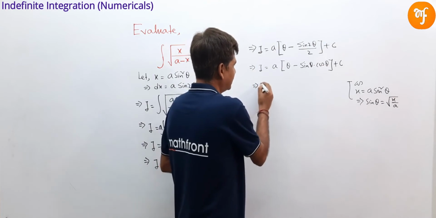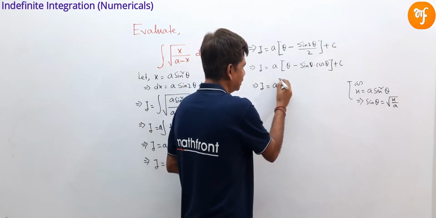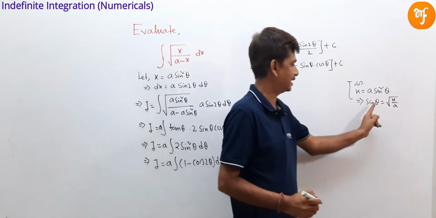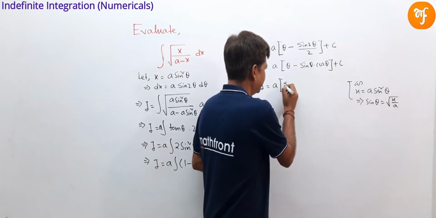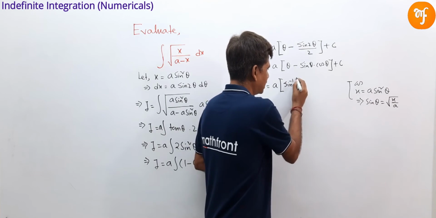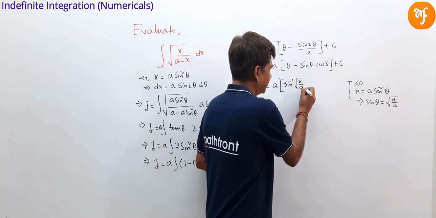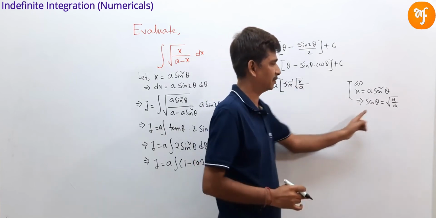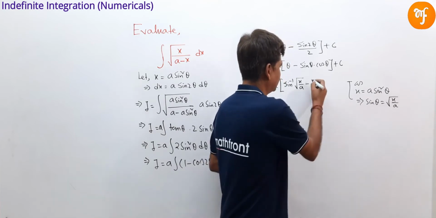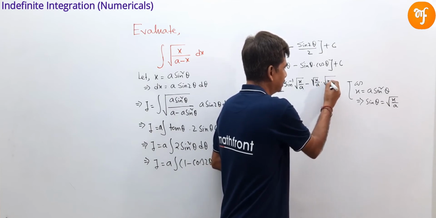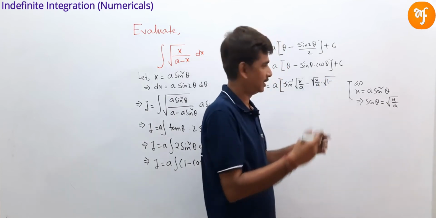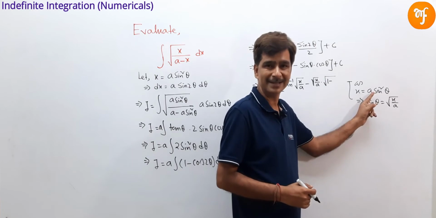So I can be written as a into theta, which will be sin inverse of square root of x by a. So we are writing sin inverse of square root of x by a minus sin theta, which is nothing but square root of x by a. So just we are writing square root of x by a instead of sin theta, and cos theta will be square root of 1 minus sin square theta, and sin square theta we know is x by a.